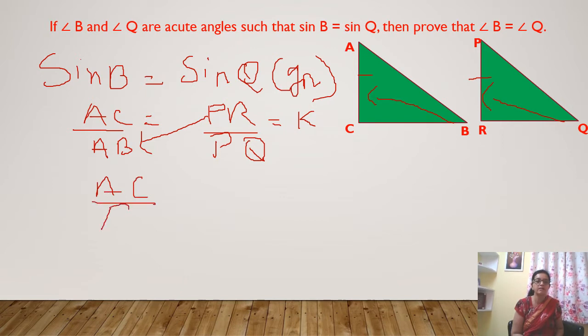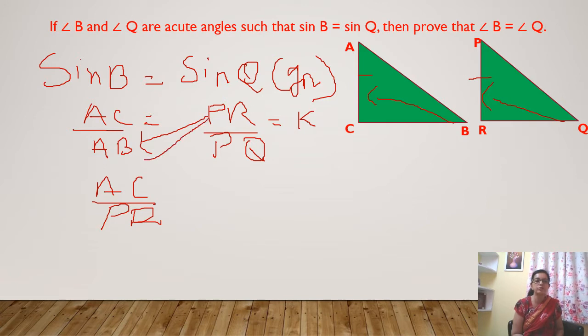Now this is relevant to the first pair of sides which are proportionate in our similar triangle ACB and PRQ. Yet we have not proved them to be similar, but we will prove it. For that we have already prepared the first pair AC upon PR. But as you can see here, in the denominator AB is there.